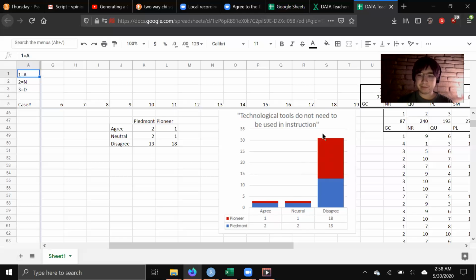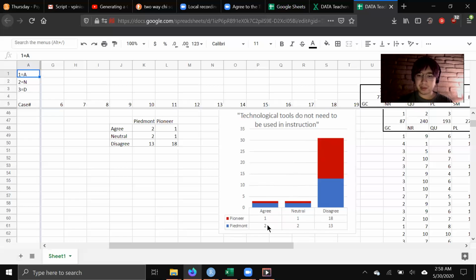So disagree won here statistically, demonstrated by the significant chi-square difference in the frequency, right? So the non-parametric data rather than neutral and agree. In my research, I would call this a negative general consensus amongst the teachers. And there doesn't appear to be a significant difference between the two schools. That's really a sampling test, to make sure that our samples are the same.